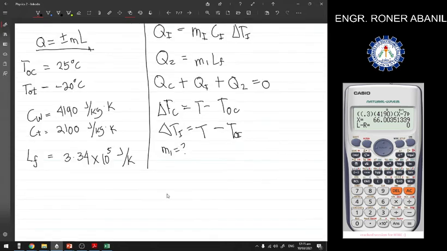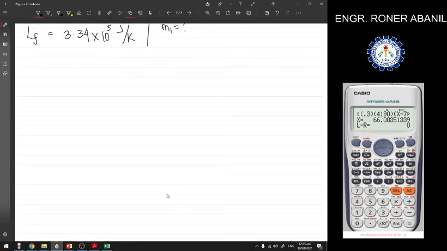Galing dyan, pwede nating sabihin na QC plus QI plus Q2 is equal ngayon sa MC, CW, change of temperature nung cola, pasok ko sa parenthesis. This is for the cola.